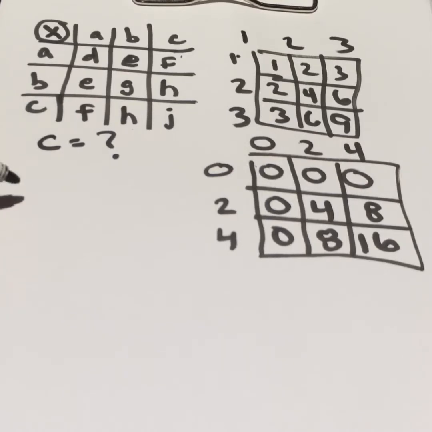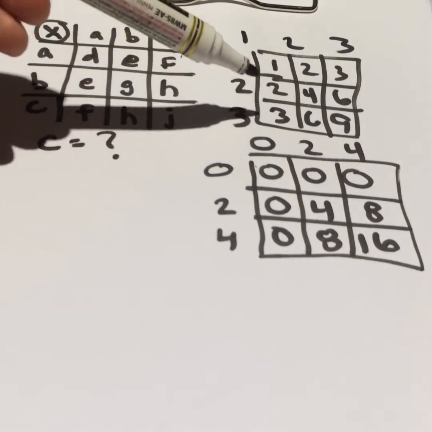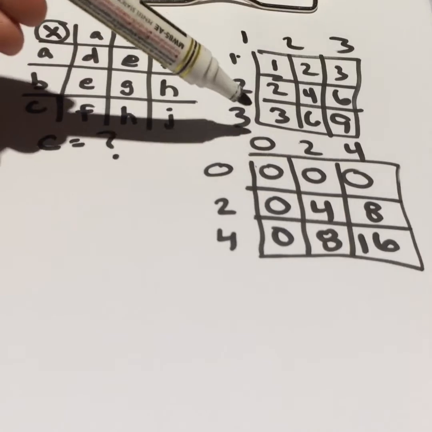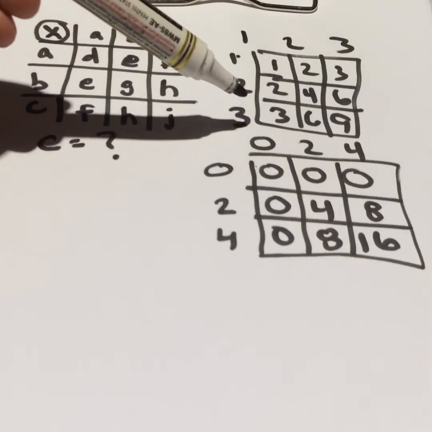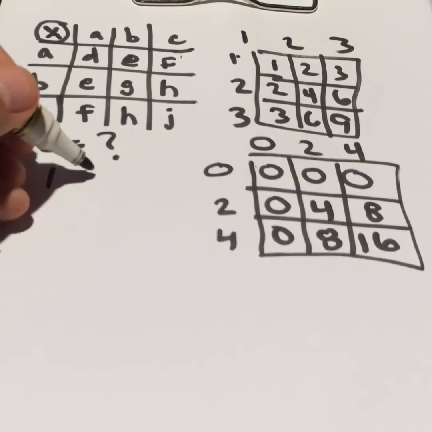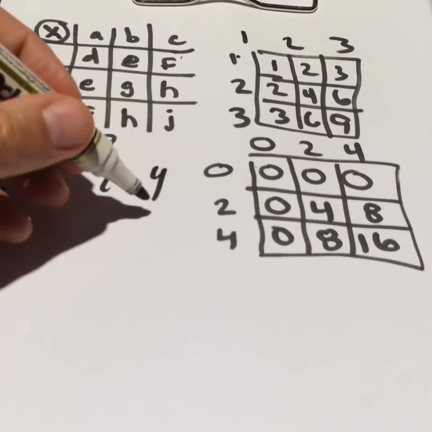Well, let's try. Obviously here we had C equals 3, with 1, 2, 3 and 1, 2, 3, and the result was C equaled 3. What if we just simply go with 1, 2, 4, 1, 2, 4?